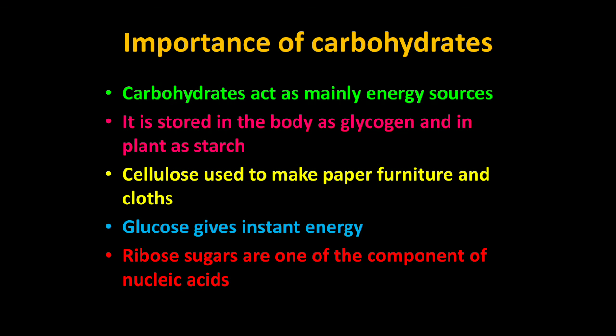Cellulose, which is the primary component of the plant cell wall, is used to make paper, furniture, and clothes. The simple sugar glucose serves as an instant energy source for our body. Ribose sugars are one of the components of nucleic acids.